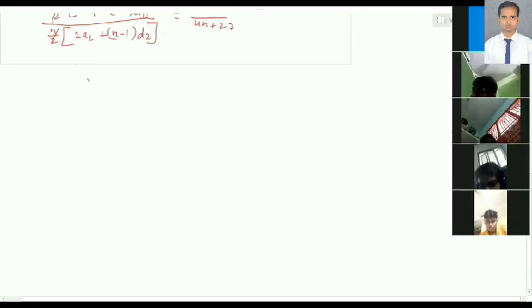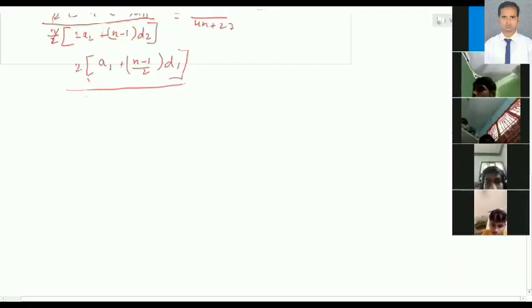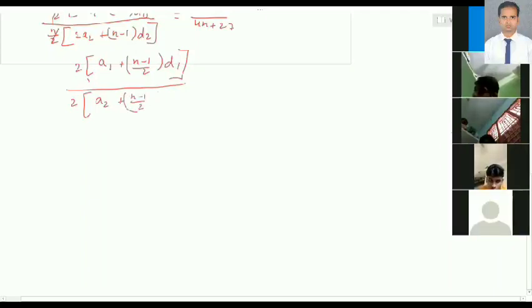If you take 2 common, you will get A1 plus n minus 1 by 2 into D1, divided by A2 plus n minus 1 by 2 into D2, and this value is 7n plus 1 divided by 4n plus 27. Okay, this 2 and 2 will be cancelled out.